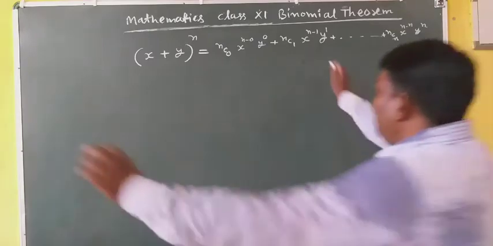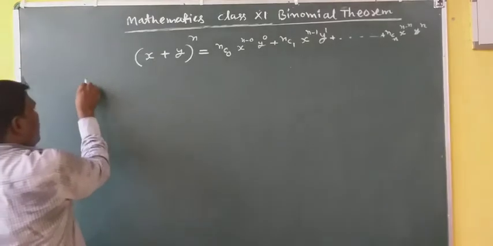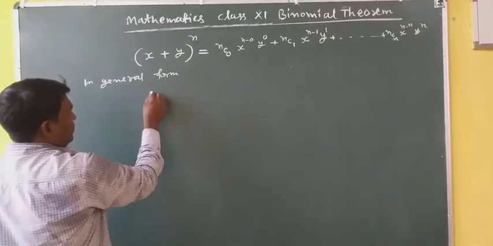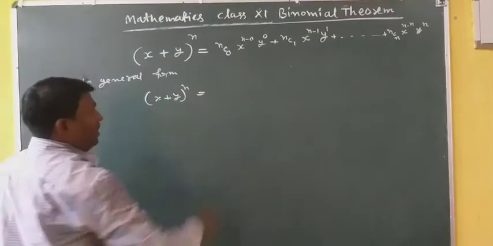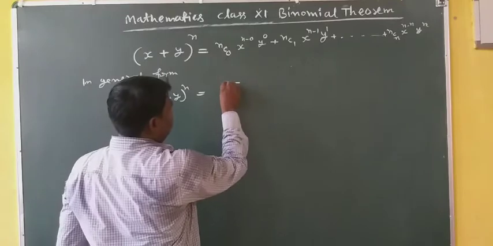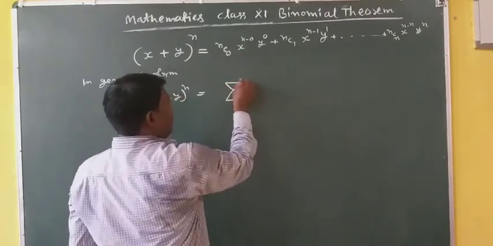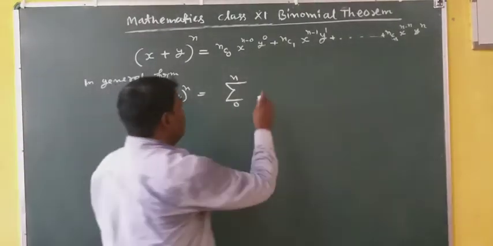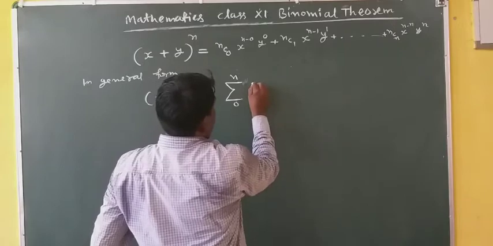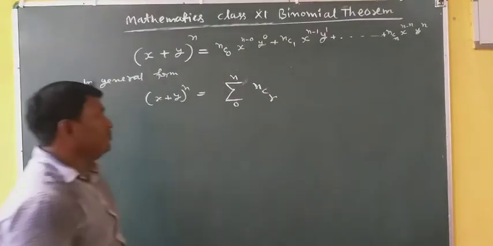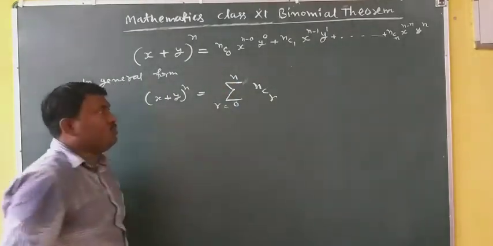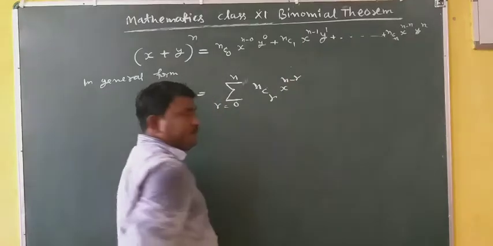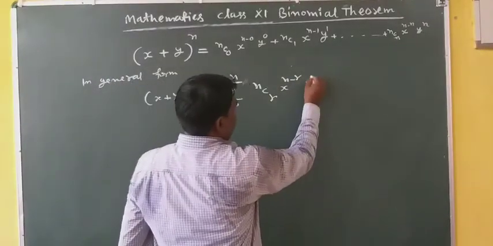In general form, what can we write? Here (x plus y) power n has an expansion in the form of sigma, summation r equal to 0 to n, nCr x power n minus r and y power r.